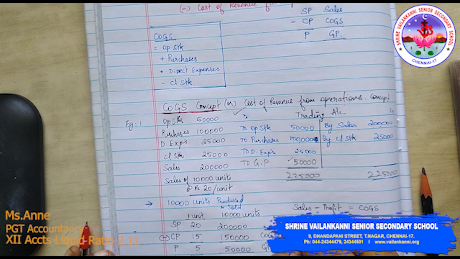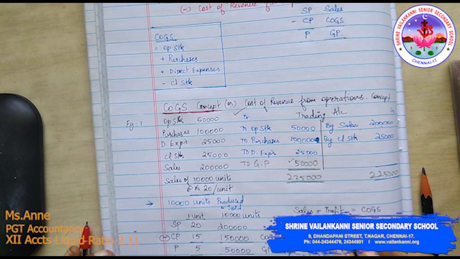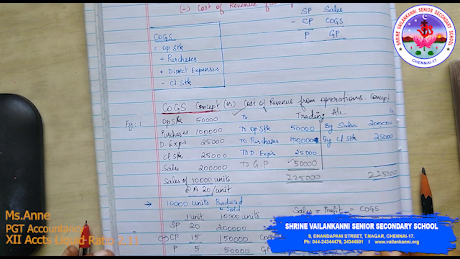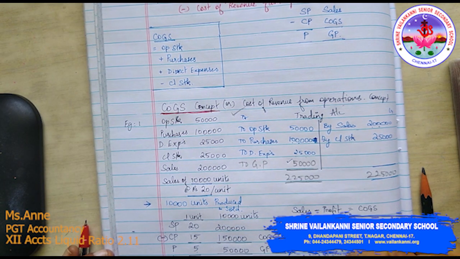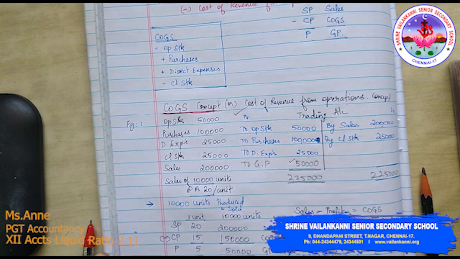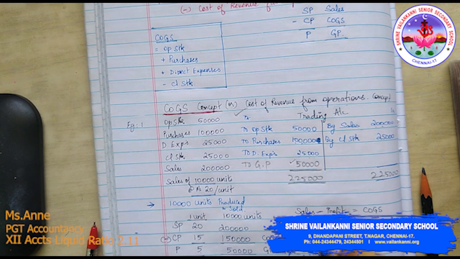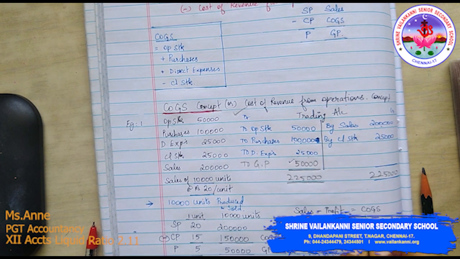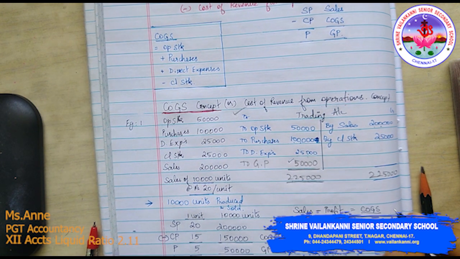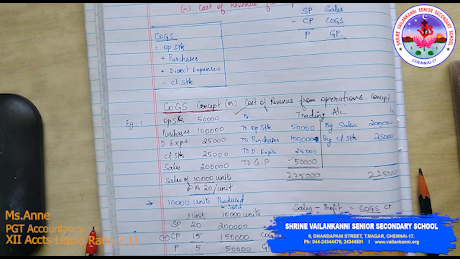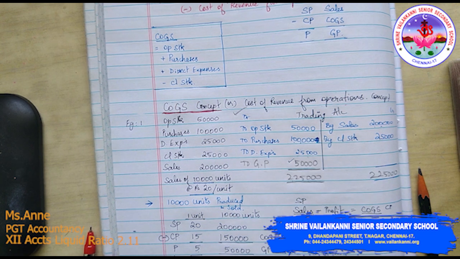Sales 2 lakhs minus profit 50,000, our cost of goods sold is 1,50,000. One more thing you need to understand is that whenever cost of goods sold is given, you need to assume that it is at cost price. Whenever sales is given, it is at selling price.